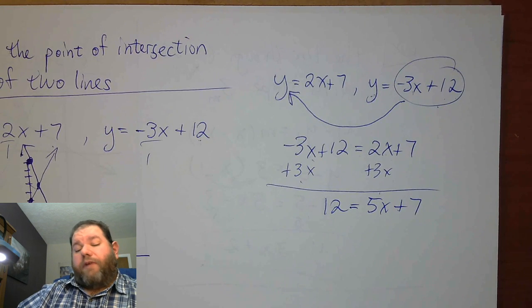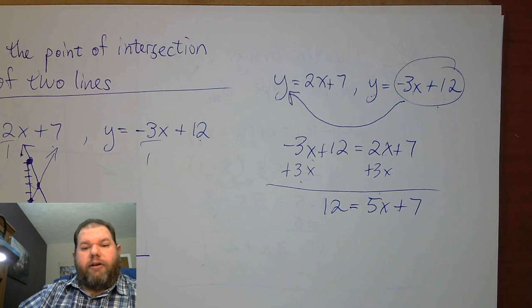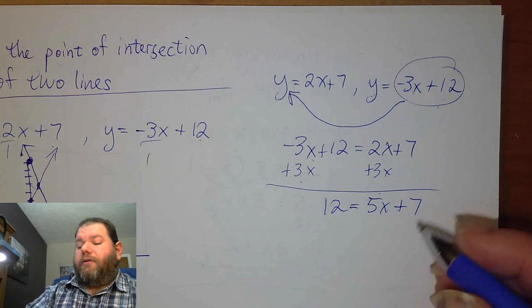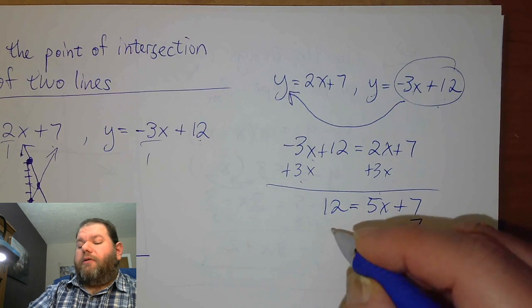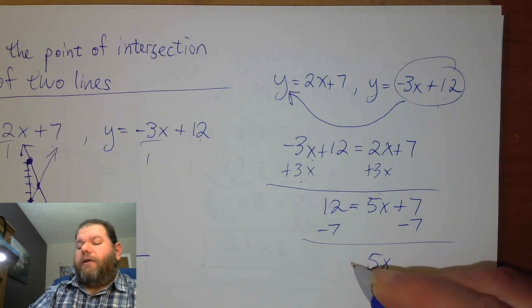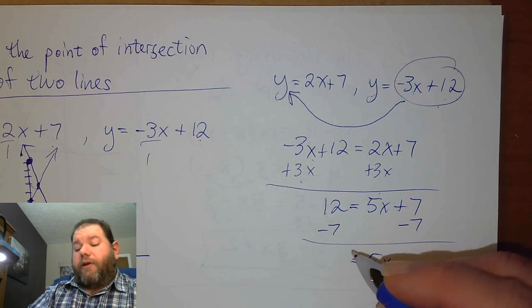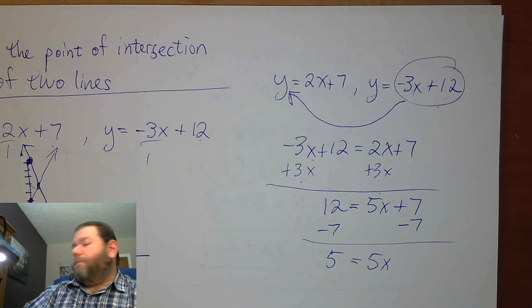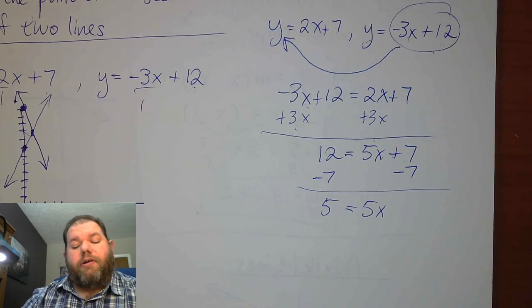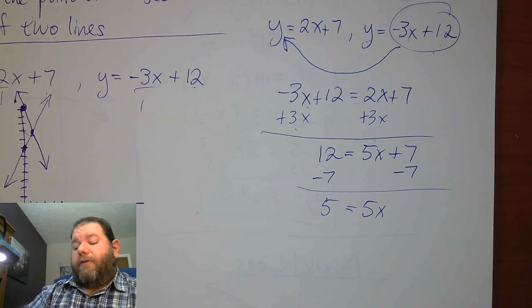Now we've got the x's together, now we need to get the two numbers together. So what should we add or subtract to both sides next? Then we subtract 7. Good. That way, we have the x's on one side, and our numbers are now on the other side. Our last step then, for this part, is how do we get x by itself?